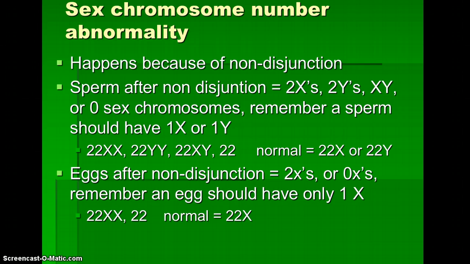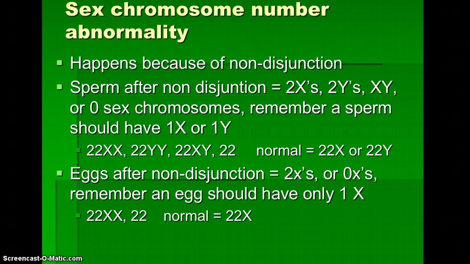Egg after non-disjunction is going to have 2 X's or no X's at all. And if you remember, an egg should only have 1 X. So egg after non-disjunction is 22XX or just 22, and the normal is 22X. So if you have a normal sperm and a normal egg hooking up, that's where you get your, say, 44XX or 44XY, which makes your 46 chromosomes.